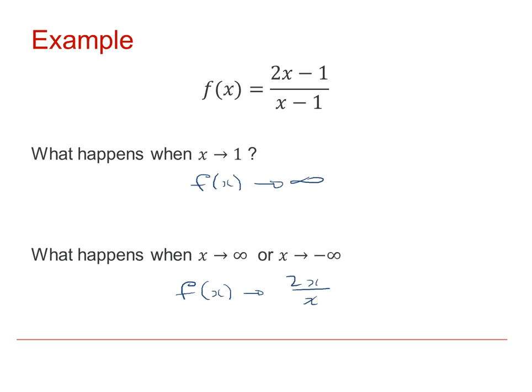So it's going to get closer and closer to 2x over x, or in other words, it's going to get closer and closer to 2. Therefore, we've got a horizontal asymptote at 2.